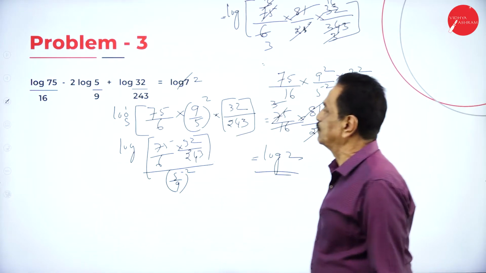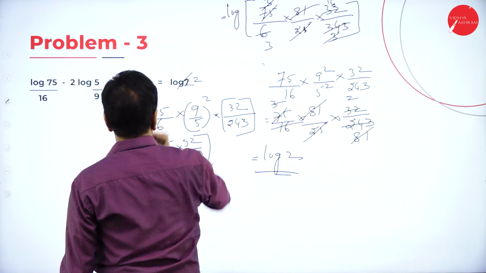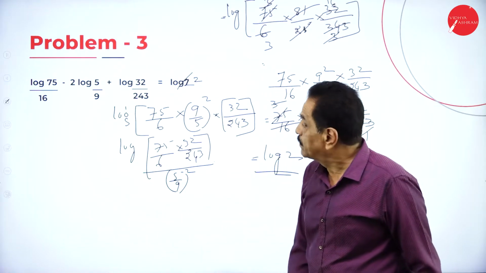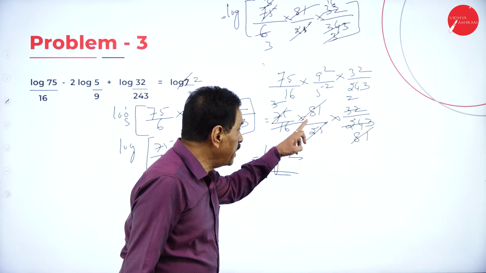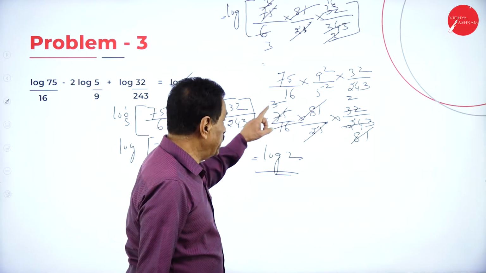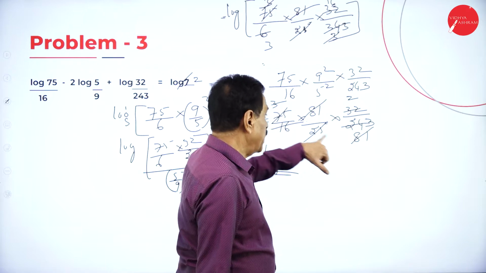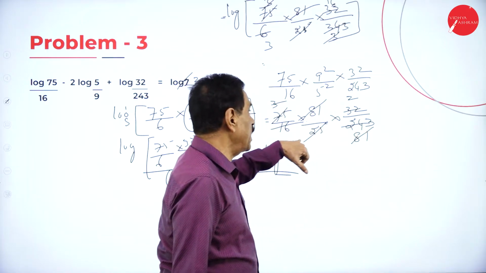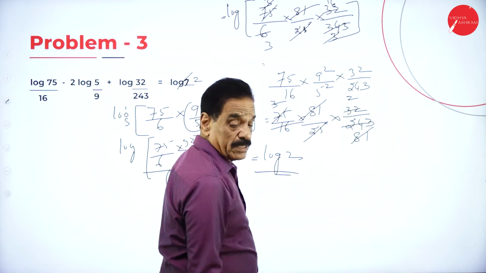This is your log 2 answer. So it is not log 7, it is log 2. So I will repeat. 75 divided by 16, 81 divided by 25, 32 divided by 243. So 25 threes are 75, 16 twos are 32, 3 eights are 24, 3 ones are 81, 81 cancelled out. Then what is left over is the 2.